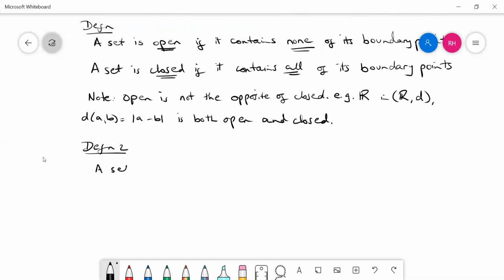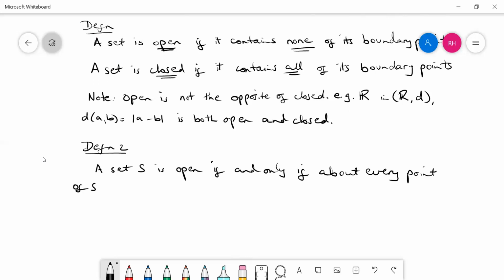So a set S is open if and only if about every point of S there is a ball.